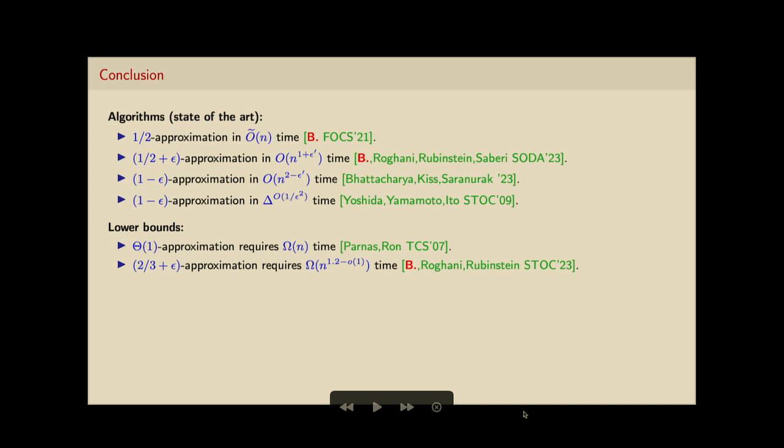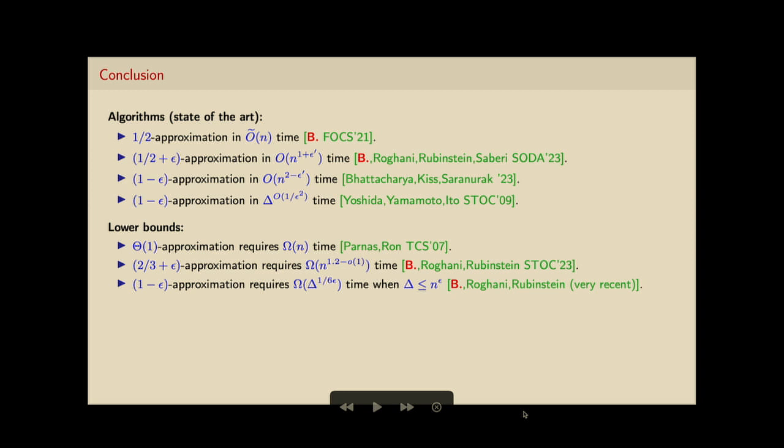On the lower bound side, we saw the Parnas-Ron lower bound of omega n for any constant approximation. I also outlined our 2/3 plus epsilon approximation lower bound of n to the 1.2. And I also wanted to make an announcement here that we recently were able to improve that this Yoshida, Yamamoto, and Ito result is almost optimal.